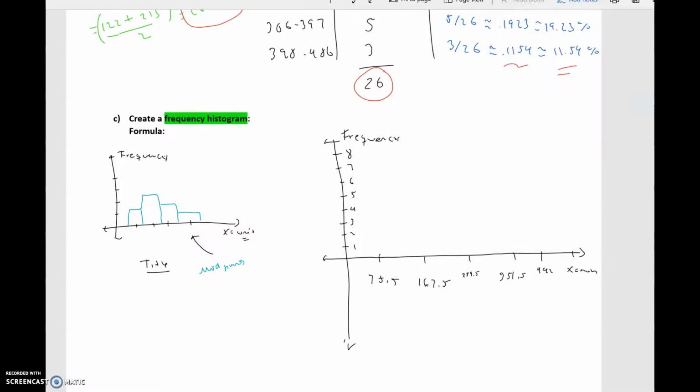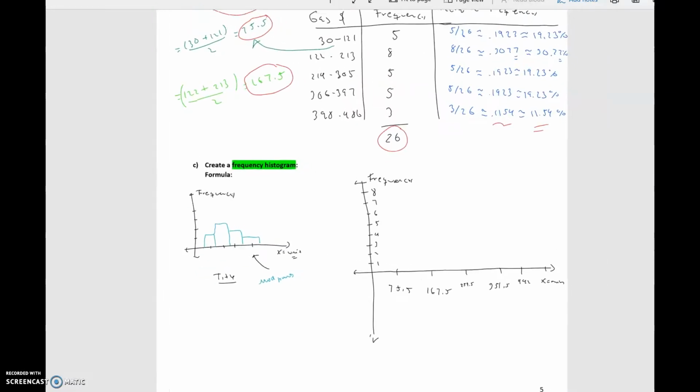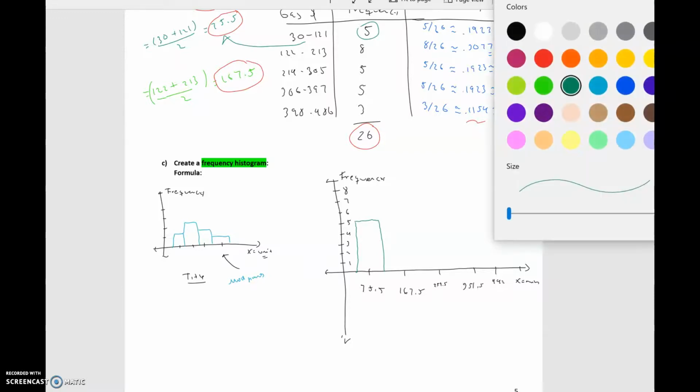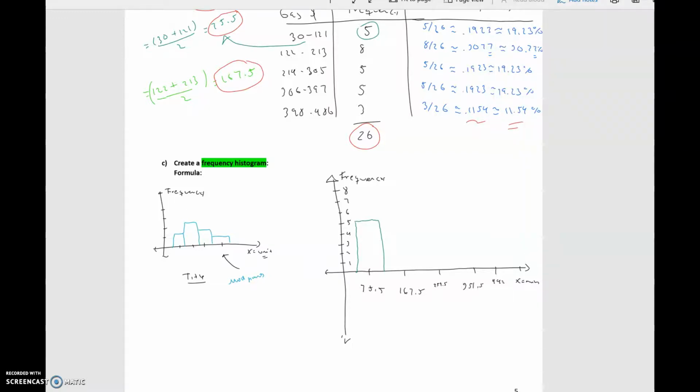And the last portion is going to be as follows. You're going to look at the first class, and it has a frequency of 5. So your first bar is going to have a height of approximately 5. It's not to scale, but if we were using technology, this one would have a height of 5. And then our next one is going to have a total of 8, so it would go all the way to 8.